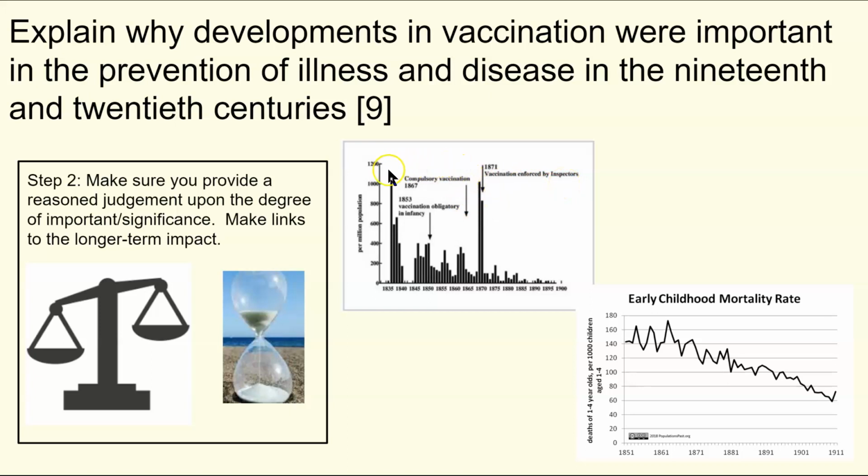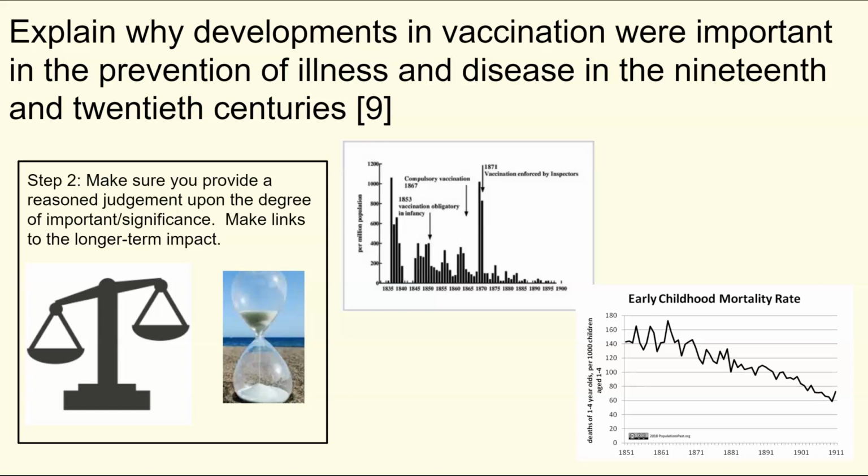So what we've got here is the demonstration that the developments of vaccination, in the short term, had a rather limited impact. It did have an impact, you can see here it occasionally does go down, but we've still got peaks. What you could say here is your contextual knowledge that for a vaccine to be successful, it needs to be administered to 95% of the population.